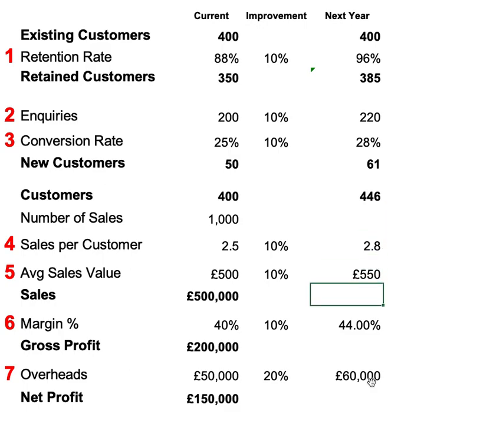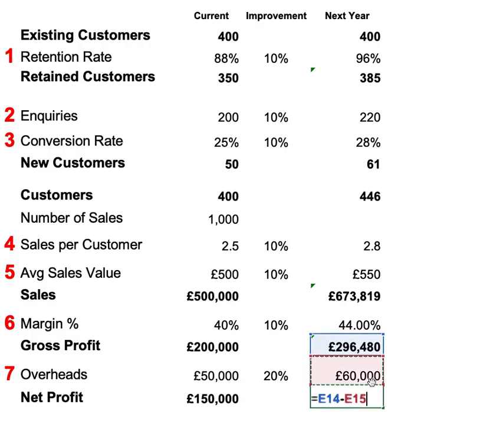Our sales. So we've now got 446 customers. They're going to do business with us 2.8 times a year on average, and they're going to spend 550. So 673,000 in sales. Our margin's a little bit higher. Our overheads have actually gone up.